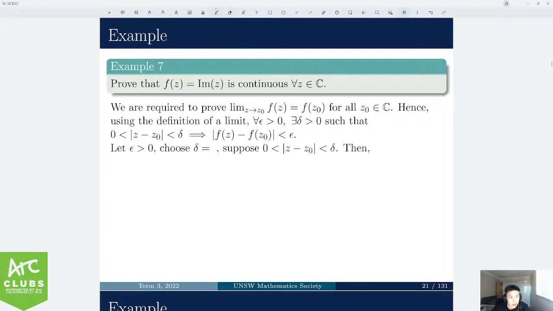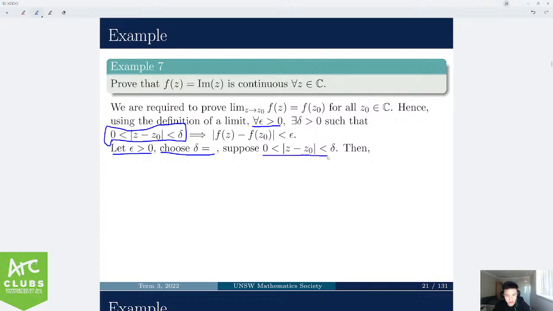So, since we have a for all epsilon being positive, we want to let epsilon be bigger than 0. And the game is to find a delta, but essentially we don't really know what delta can be right now, so we can just leave it blank for now. And this part here is the if part of the proving statement. So we want to suppose this thing is true.